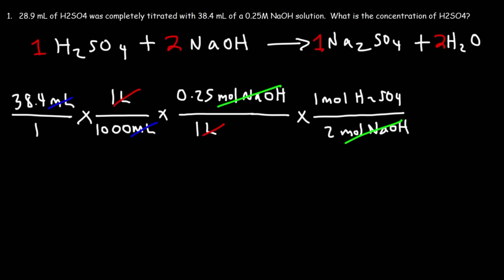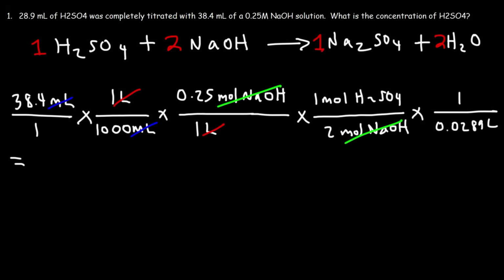So right now we have moles of H2SO4. To get the concentration of H2SO4, we need to take the moles and divide it by the liters of solution. And we are looking for the original concentration of H2SO4, so we need to use the original volume of that solution. Let's convert 28.9 milliliters into liters. To do that, we need to divide it by 1,000. So 28.9 milliliters is 0.0289 liters.